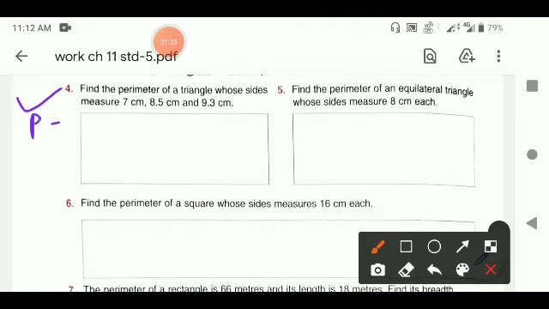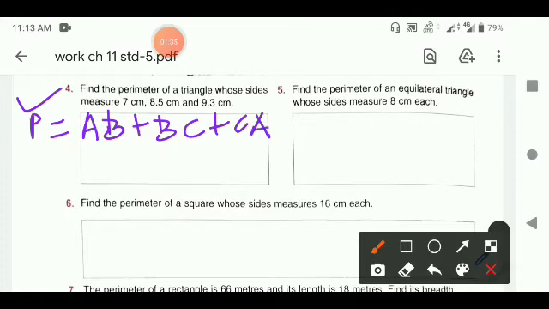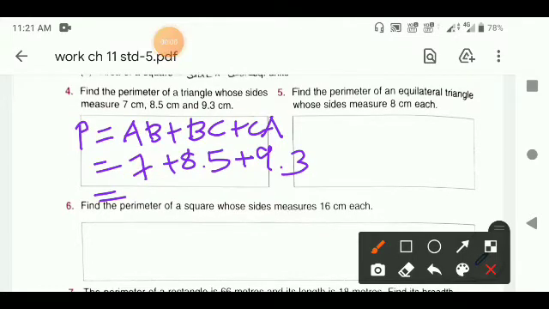So P is equal to AB plus BC plus CA. Here AB is 7 cm plus BC is 8.5 cm plus CA is 9.3 cm. If we add all these sides, we will get 24.8 cm is the perimeter of this triangle.